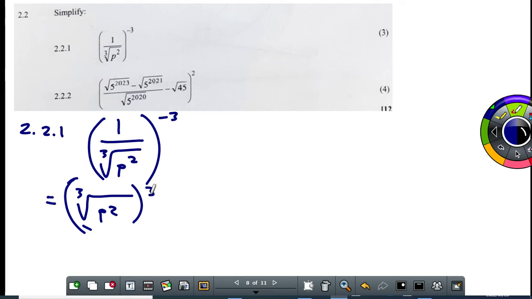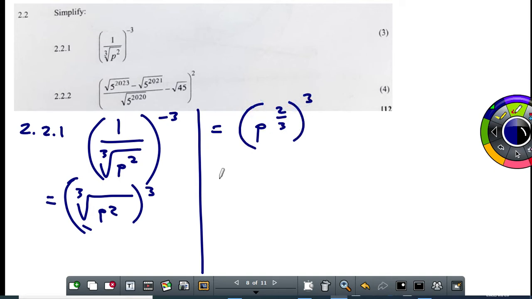Then remove the square root. To remove the square root, it's not complicated. This will give you p to the power of 2 over 3, all cubed. Then 2 over 3 times 3, that will give you a 2. So the answer here will be p squared.